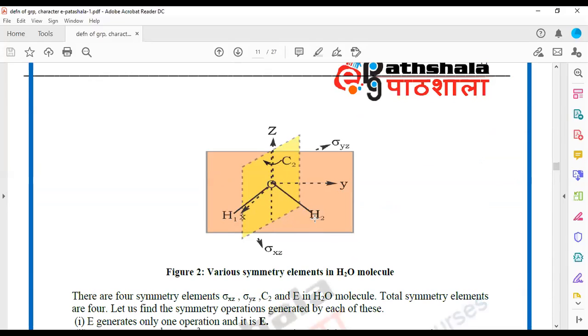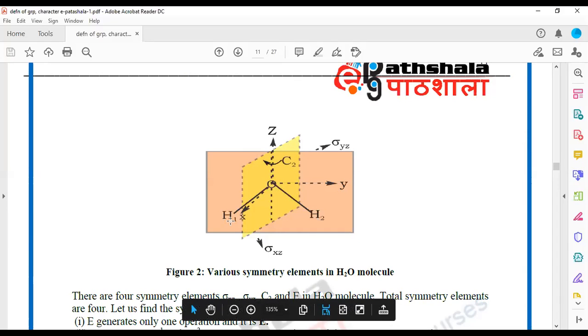Now what are the symmetry elements in this? I have a C2 axis, which we rotate clockwise. Then I have a molecular plane, which is in the YZ plane. Then I have one more vertical plane, that is sigma xz, a reflection plane in the x and z directions.